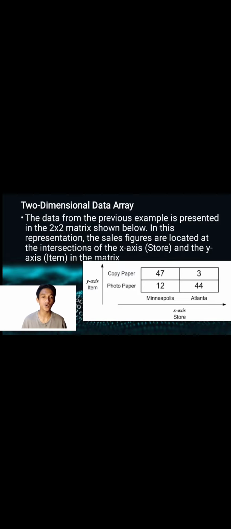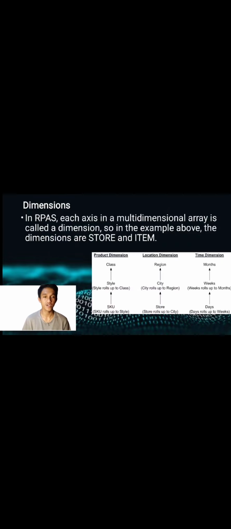First, the store, Minneapolis and Atlanta, and the item, the copy paper and photo paper. Dimensions. In RPAS, each axis in a multidimensional array is called a dimension. So in the example above, the dimensions are store and item.